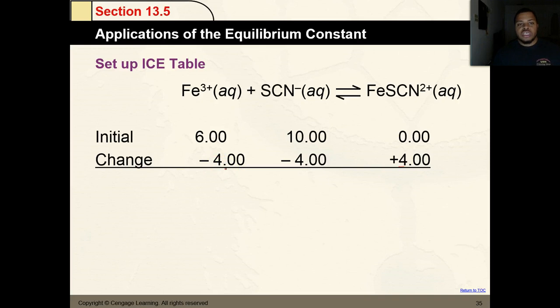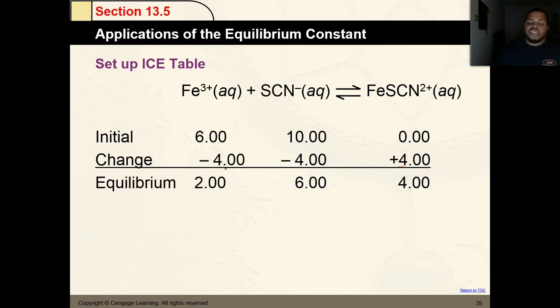So initial, change, and that means that at equilibrium, the concentration of our iron 3 is going to be 2 molar, our thiocyanate is going to be 6 molar, and our, of course, iron thiocyanate is going to be 4 molar. We're going to take this and now plug it into our equilibrium constant. Remember we said it's going to be products over reactants.